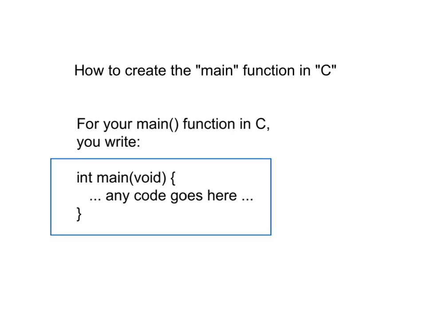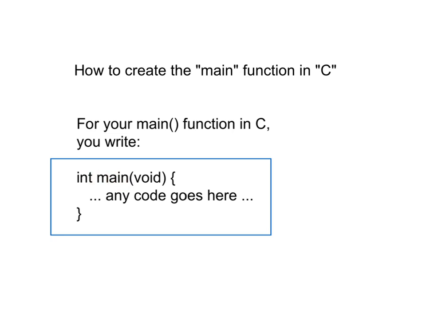So what we do when we create a function in C is, first of all, we specify the return data type. In this case, we're saying that the function is going to return an int, which is short for integer. It's going to return a number. Then we put a space. Then we put the name of the function.